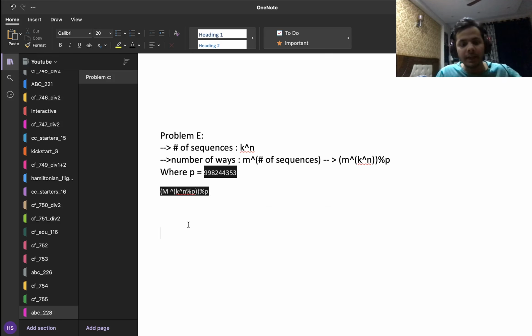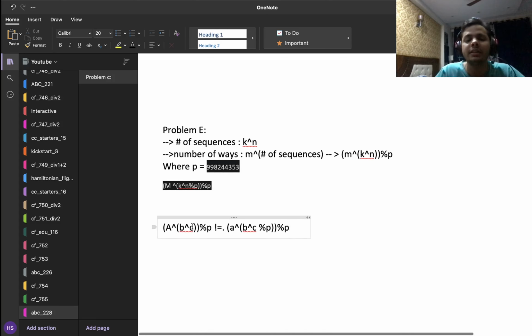But it turns out that the relation a raised to the power b raised to the power c modulo p is not equal to a raised to the power b raised to the power c modulo p, right?